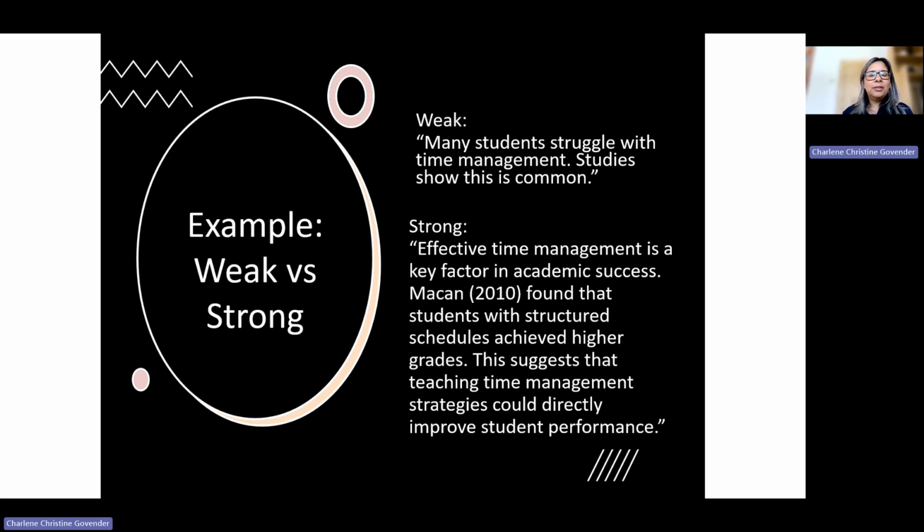Okay, now the weak sentence or statement was very opinionated. It was a very general stance. It's basically just saying, this is a general overview. I've yet to investigate anything relating to this. It's just based off my common view.